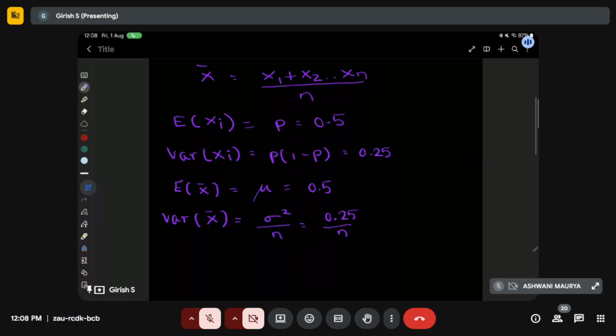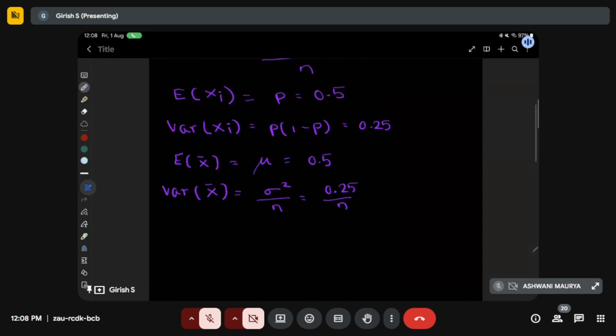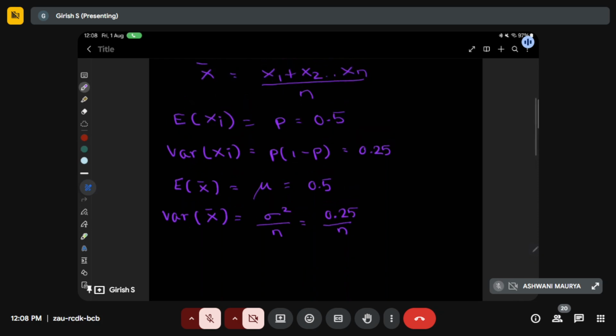Are you comfortable till this point? Should I explain how I got the expectation and variance of X bar? No, this is fine. Okay, right. So this is the expectation and this is the variance.